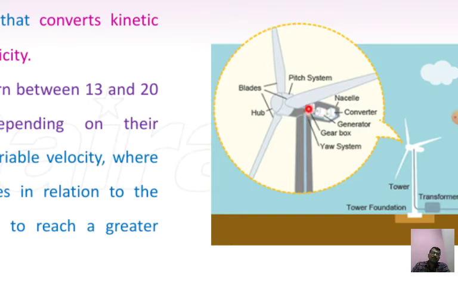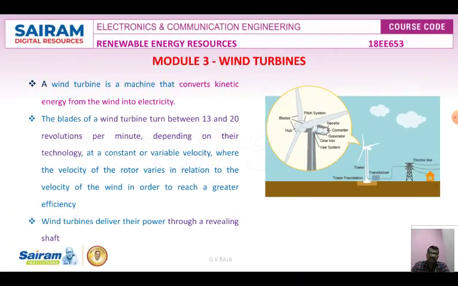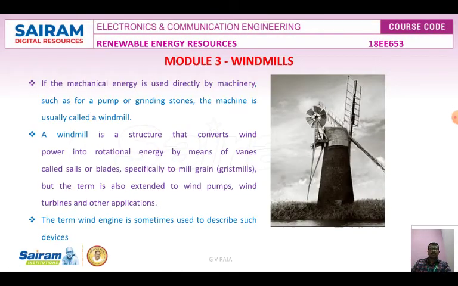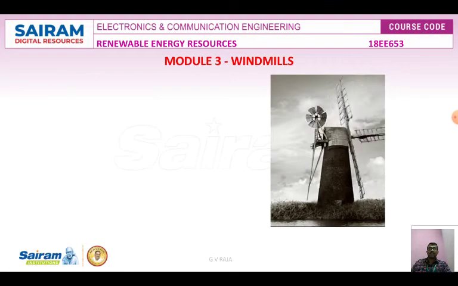Why is this gearbox required? In order to increase the efficiency of the energy production, we are using the gearbox. So this mechanical power can be used for specific tasks like grinding, pumping water, or generation of electricity.